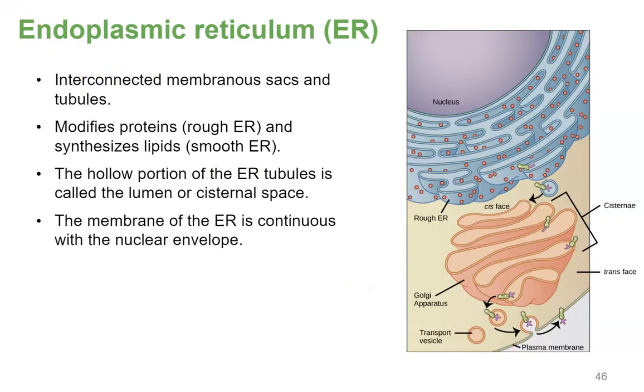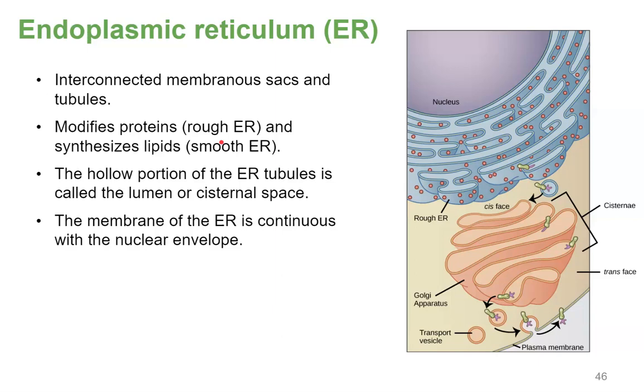All right, so first we're going to talk about the endoplasmic reticulum. There are 2 types. One is the rough ER and one is the smooth ER. The rough ER has ribosomes embedded on the surface, which makes it rough in appearance, and it makes proteins because it has ribosomes. The smooth ER does not have ribosomes, and so it's going to make lipids instead.